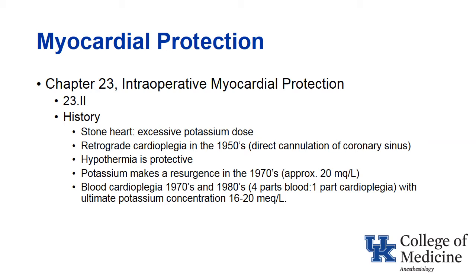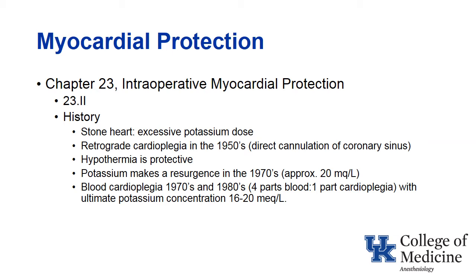Obviously not for coronary revascularization, as that operation had not yet been invented, at least not in the current form. It is well known that hypothermia is protective, and if you think about the 50% reduction in metabolism with a 10-degree decrease in temperature, you can see why.